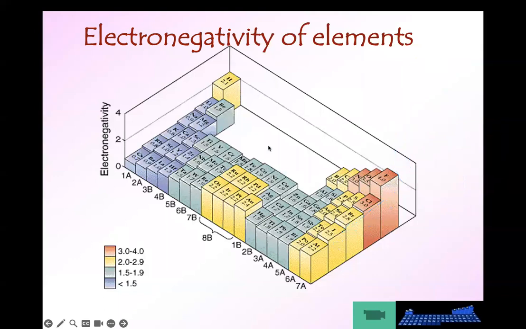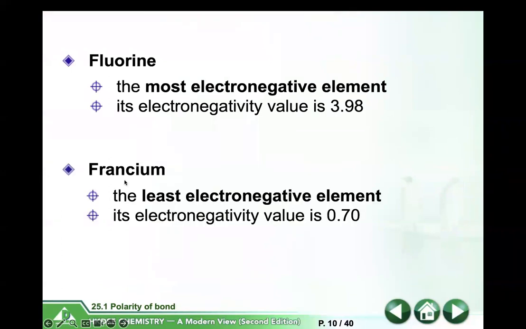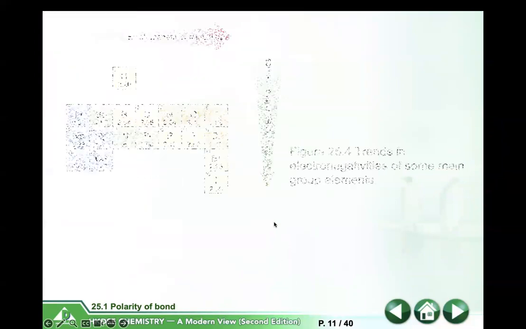That's why this is the general trend for the elements. We found that the most electronegative element is fluorine. It has an assigned value of 3.98, and some of the time we will say that it's 4.0, while the least electronegative element, at the bottom of group 1, is francium, and its electronegativity value is 0.70.